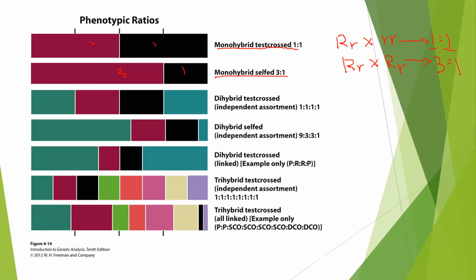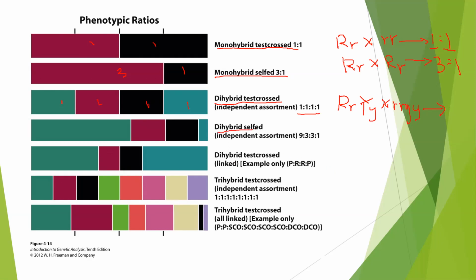Now let's move to a little bit more complicated situation. If we talk about 2 genes, the dihybrid test cross, this gives you 1:1:1:1, right?